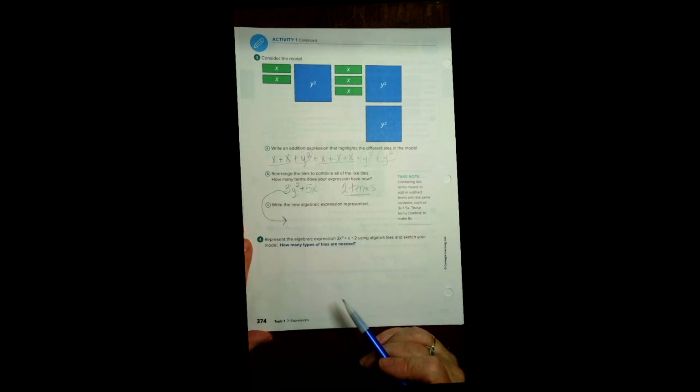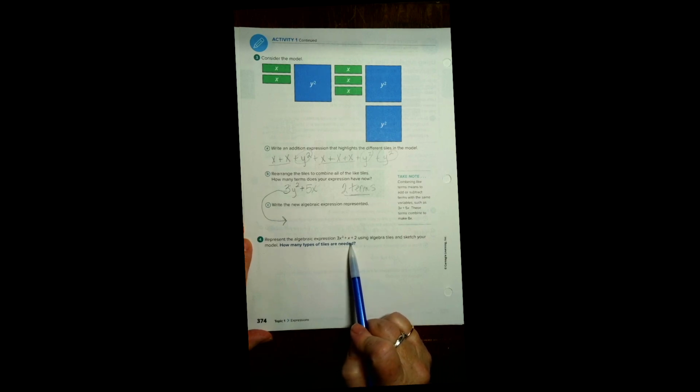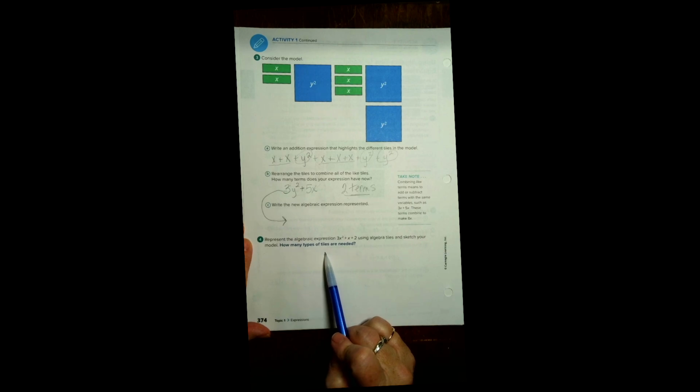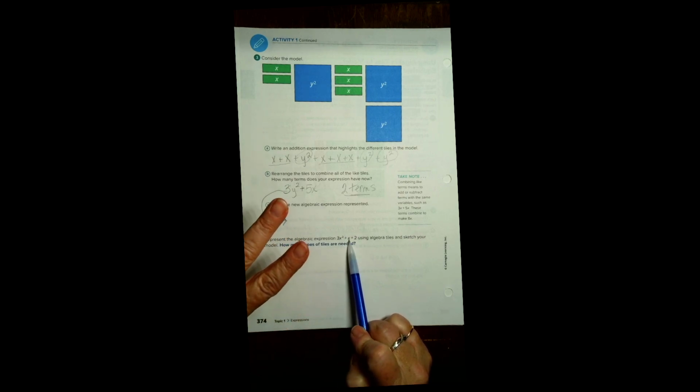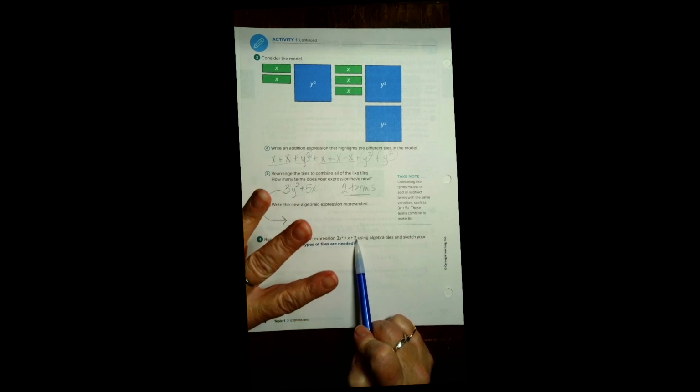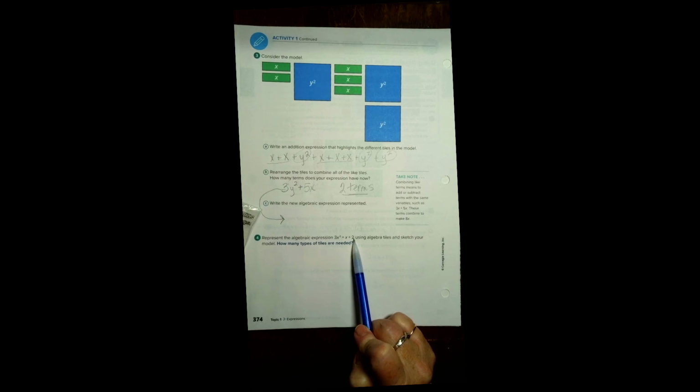Number 4, represent the algebraic expression 3x squared plus x plus 2 using algebra tiles and sketch your model. How many types of tiles are needed? Well, we have an x squared, so that's one type of tile. We have just an x, that's another tile. And then we have just numbers, so we need 3 different tiles. So our x squared are going to be the red side here.